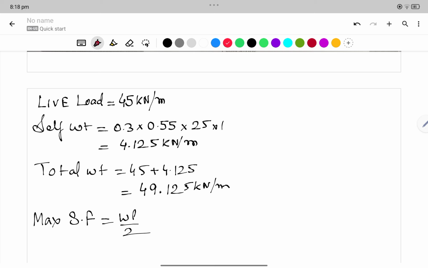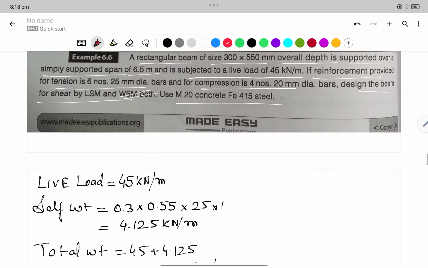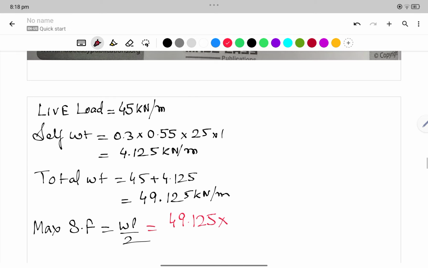So here W is 49.125 into L, which is 6.5, divided by 2. It is coming to 159.66 kilonewton. So it is the shear force.